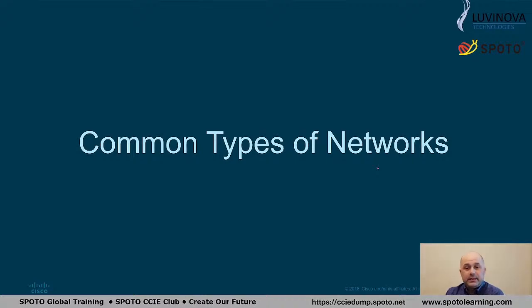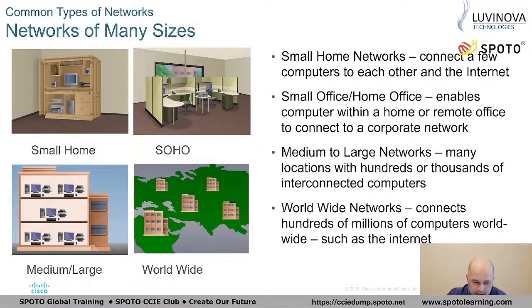Now, common types of networks. Networks have many sizes. We have networks at home. We have networks at small businesses. We have networks in very large corporations. But what do we call them and what does it mean in terms of network?